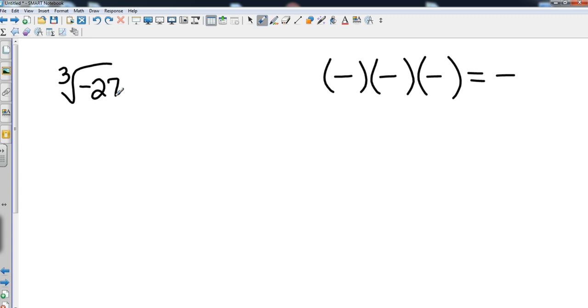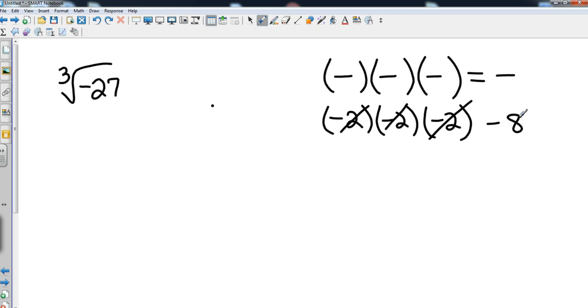If I were to use my example before, and instead of 2 times 2 times 2, I did negative 2 times negative 2 times negative 2. Negative 2 times negative 2 is positive 4. Positive 4 times negative 2 is negative 8. Obviously, that's too small, so in this case maybe we go up to 3.